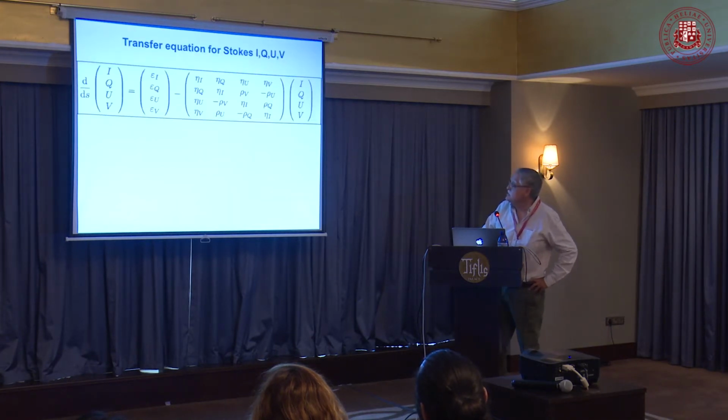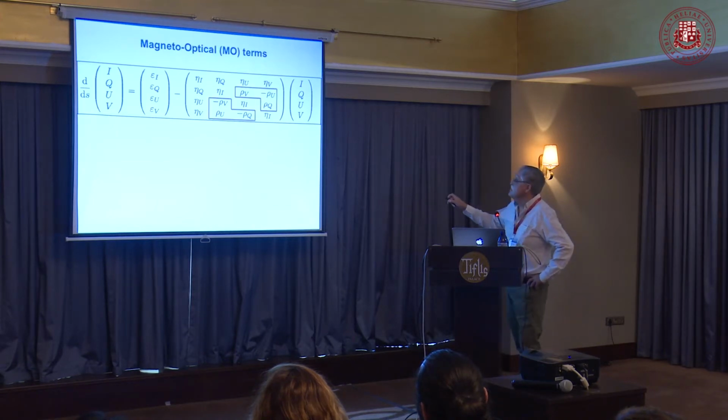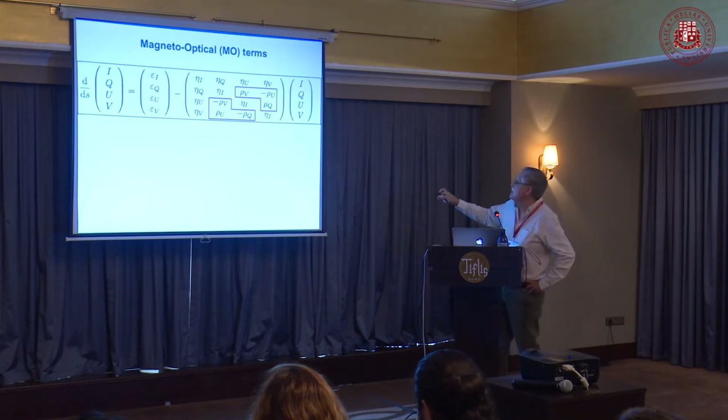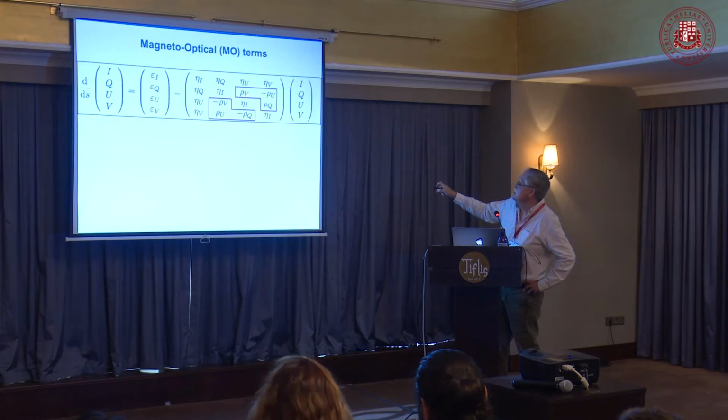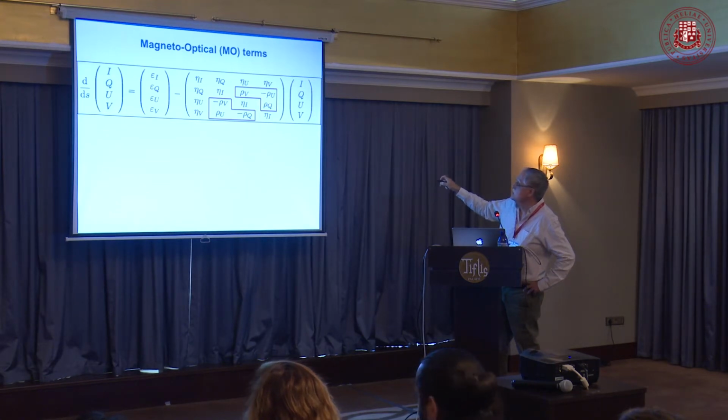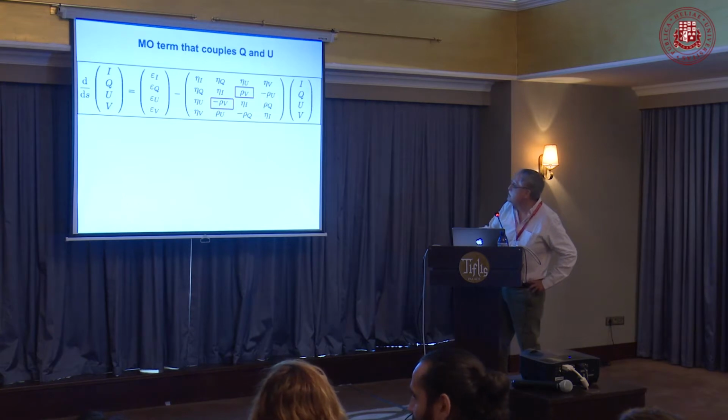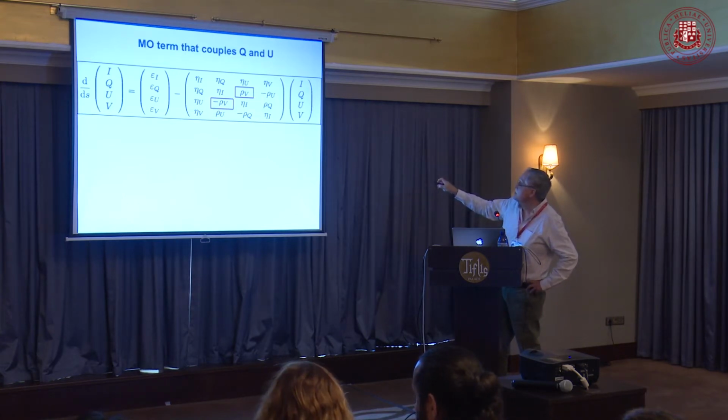This is the transfer equation. We are solving the problem in full totality, but just let me point out that these terms here of the absorption or propagation matrix are the so-called magneto-optical effects. Because the symbol with index V scales with the Zeeman splitting, and the symbols with subindex Q and U scale with the square, these terms are more important than the other ones.